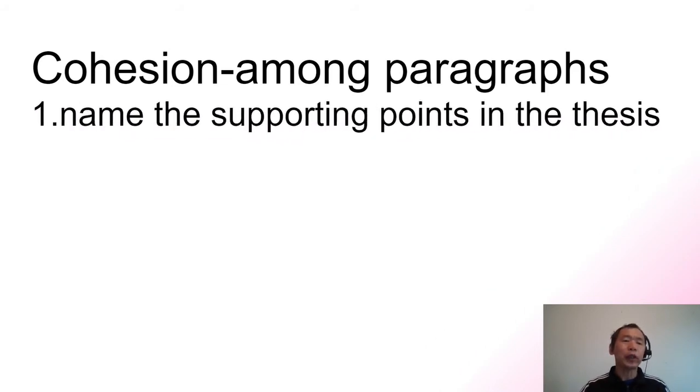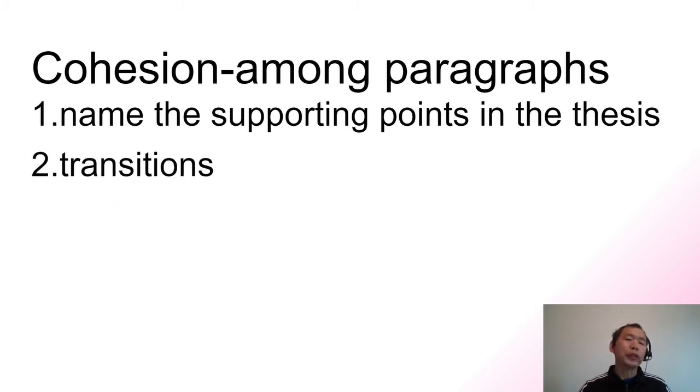There are different ways that you can do that. First, in your thesis statement, try to name the supporting points. In that way, you link your introductory paragraph with your body paragraphs. So the major supporting points are the topic sentences in your body paragraphs.